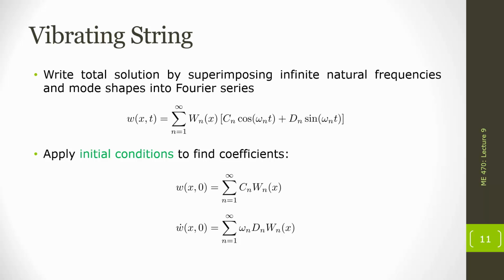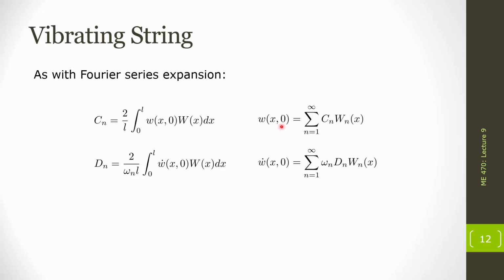For the Cn term, we are going to be able to find that by doing this calculation here: 2 over L times the integral across the length of our initial positions times our eigenfunction. We can complete that integral, and that will typically be a function of n, and that will give us those C sub n coefficients that go into our equation.